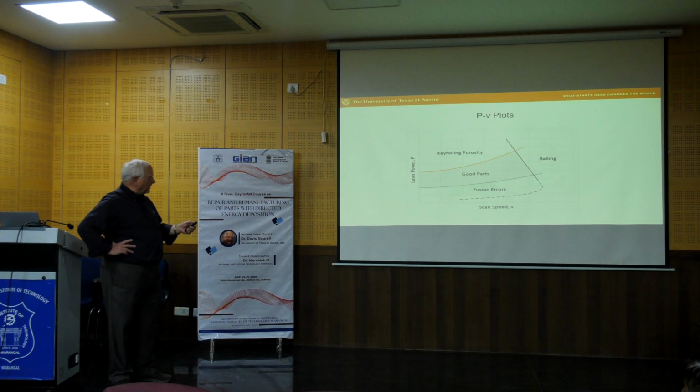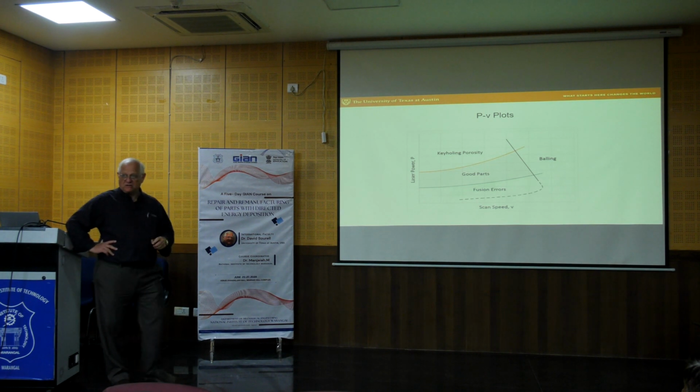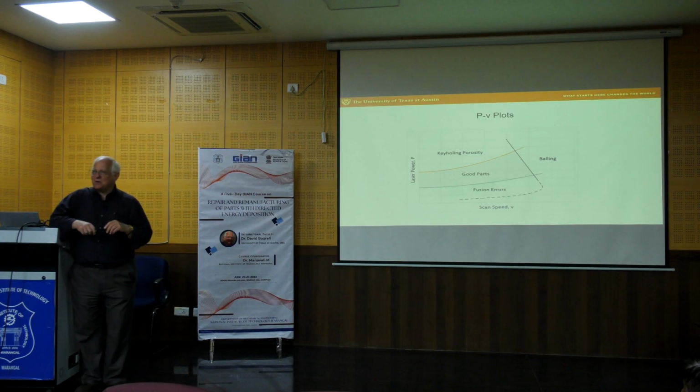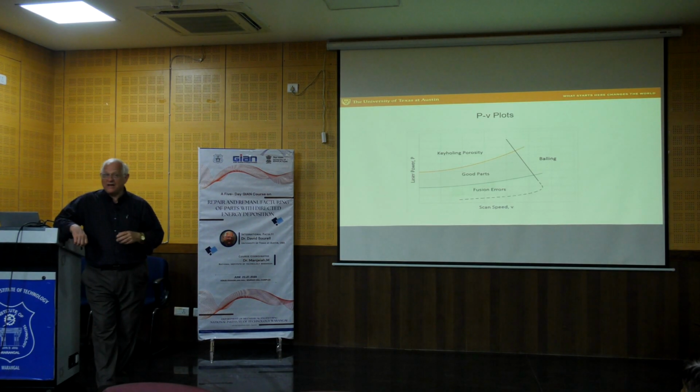So the last area is balling out here. This happens really at any power level, but at very high scan speeds. Balling is a term that I coined in 1990 in a publication. I was the first one to observe it because in 1990 there was no commercial machine available.